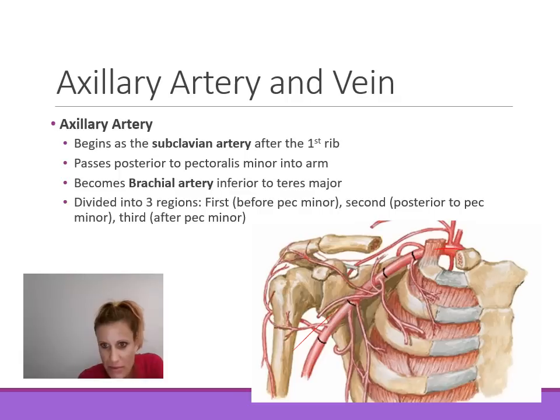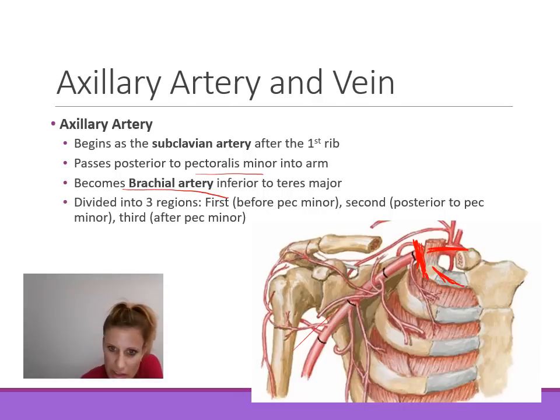So here we have the subclavian artery, and just past the first rib, at the lateral edge of the first rib, right here, the subclavian artery becomes the axillary artery. The axillary artery passes posterior to the pectoralis minor and enters into the arm. The axillary artery turns into the brachial artery just inferior to the bottom of the teres major.